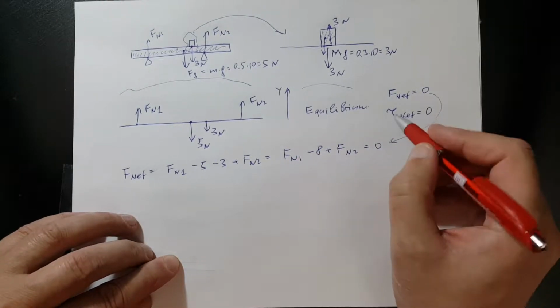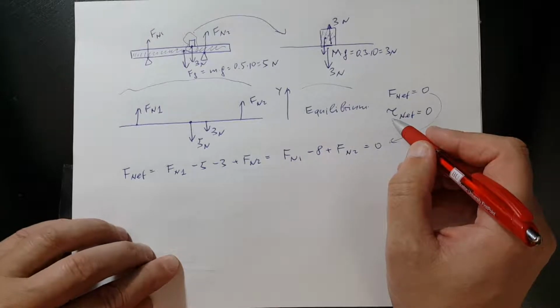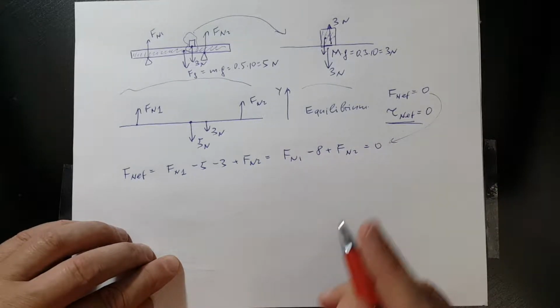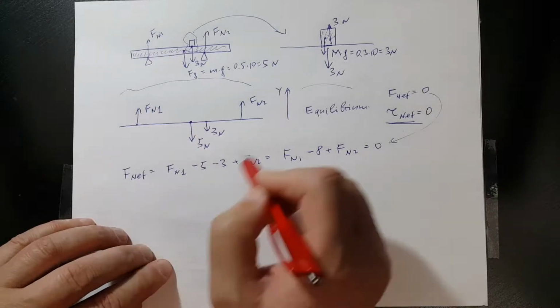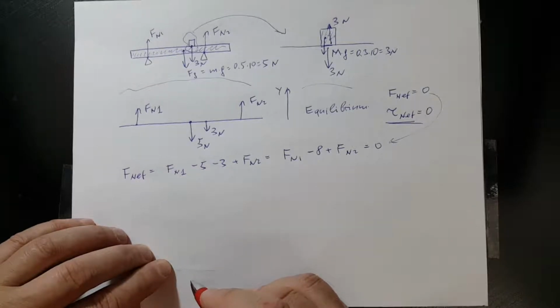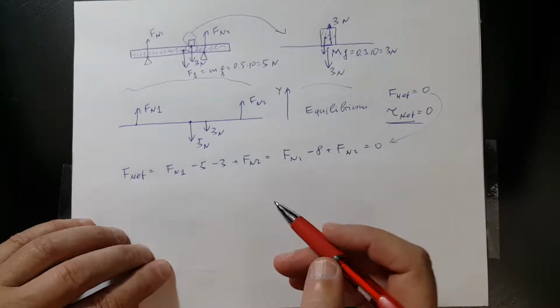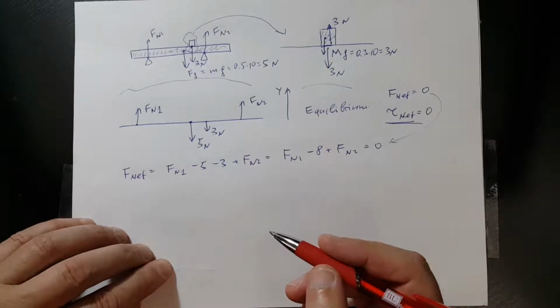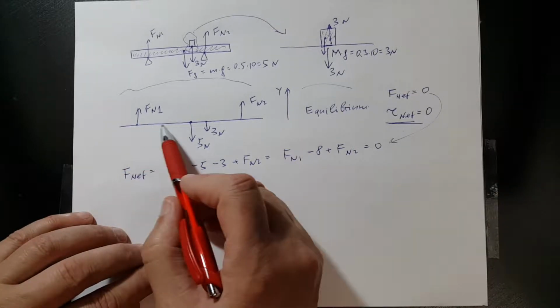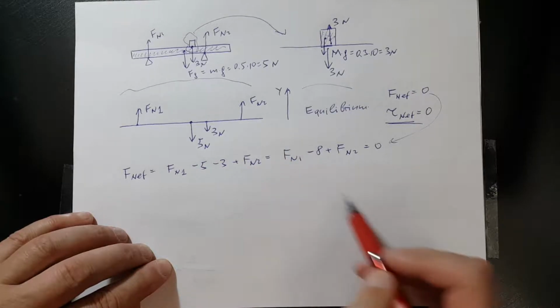And now a second condition can be used. But to use it, we must add one additional element to this picture, and that is the origin. Where can we choose the origin? Anywhere. So we can choose it here, here, here, even here or there.